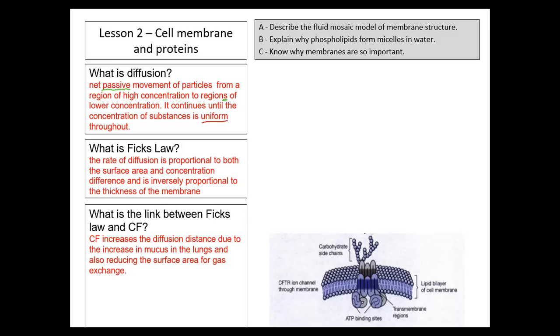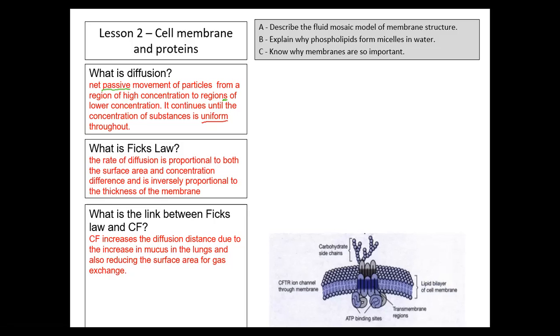So if you think about Fick's law, if cystic fibrosis is increasing the amount of mucus that's in your lungs, it increases the diffusion distance because you've got extra mucus in your lungs. So it takes longer for the oxygen to diffuse from inside your lungs into the bloodstream. But it also reduces surface area for gas exchange because the mucus will be blocking certain areas as well.